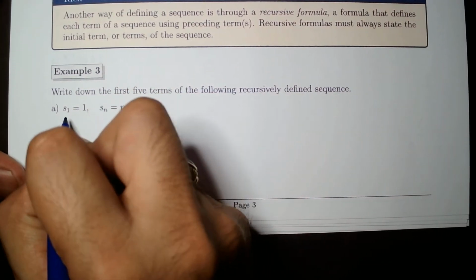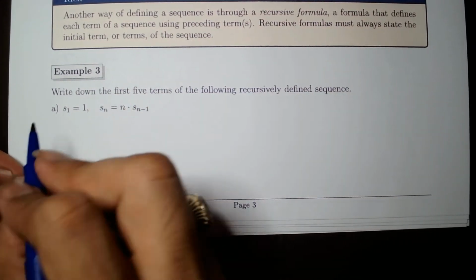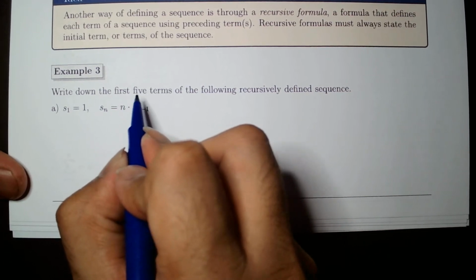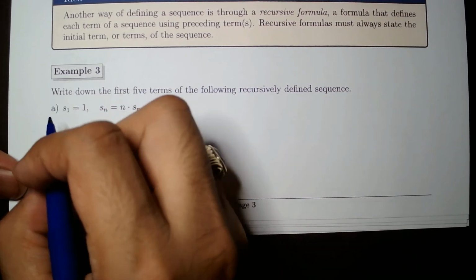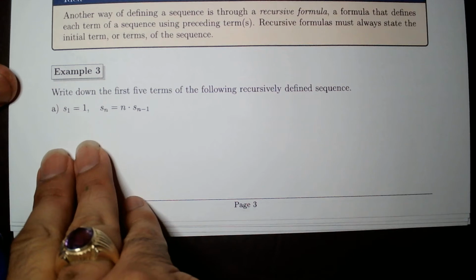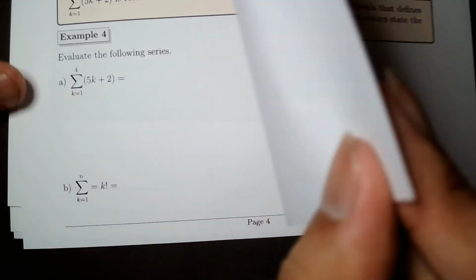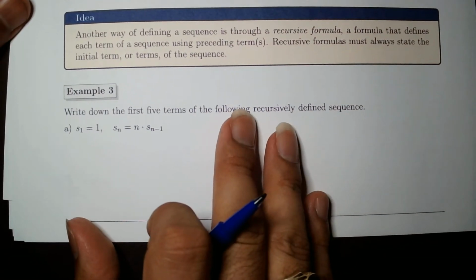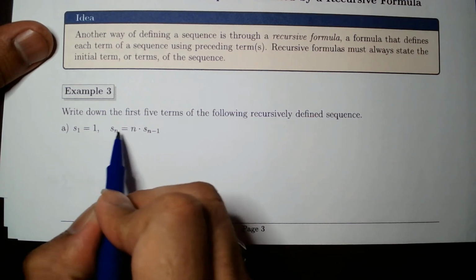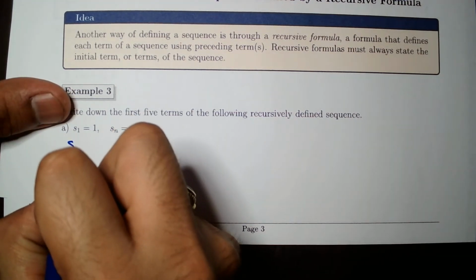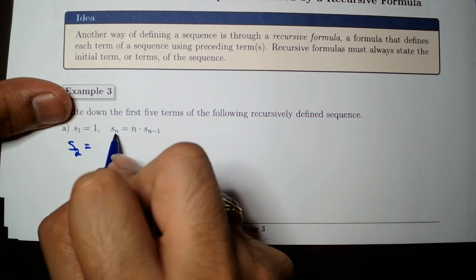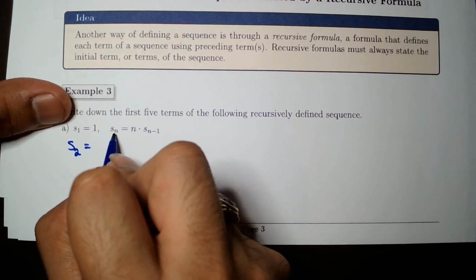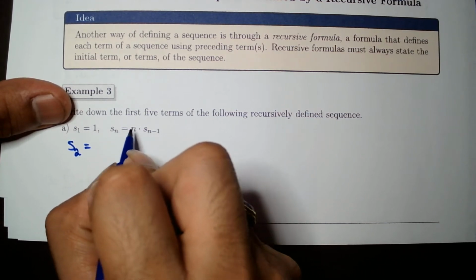So we already have the first term. They're asking us to find the first 5. We're given the first. Let's do the remaining 4. So I'm going to do S2, and wherever I see the letter n, I'm going to plug in 2.